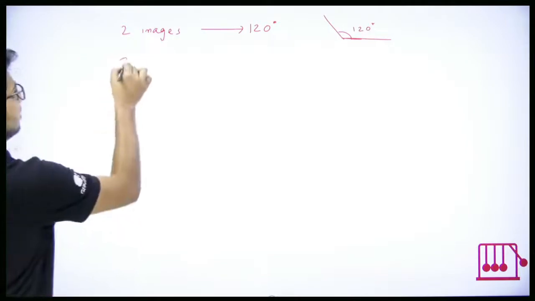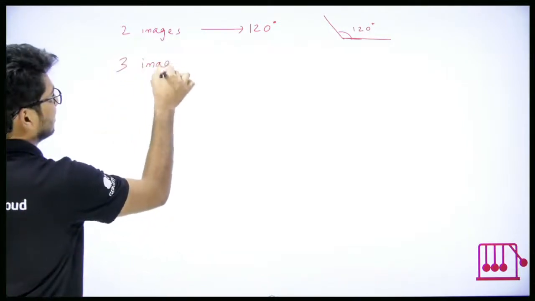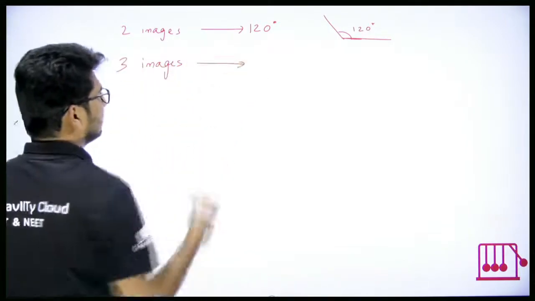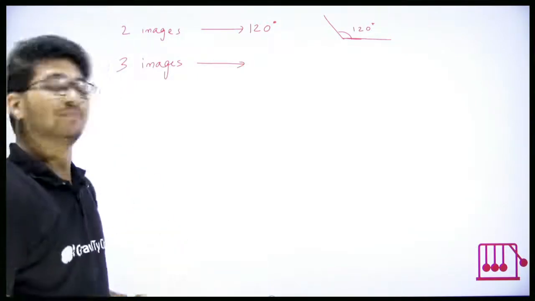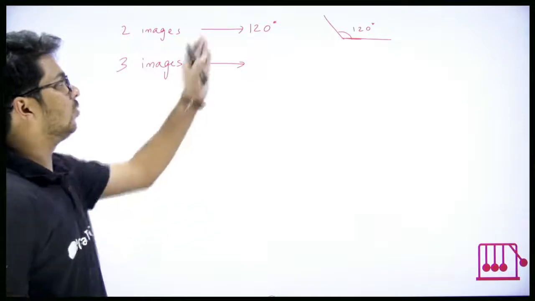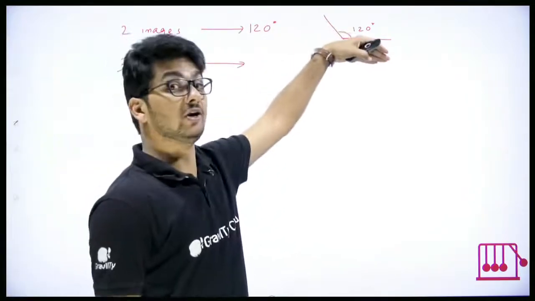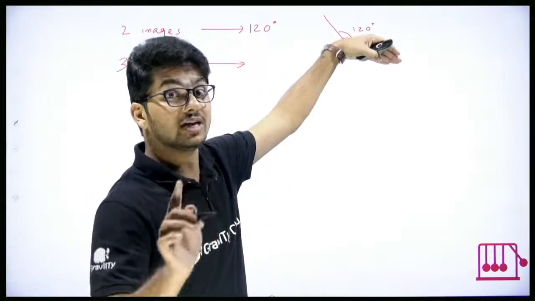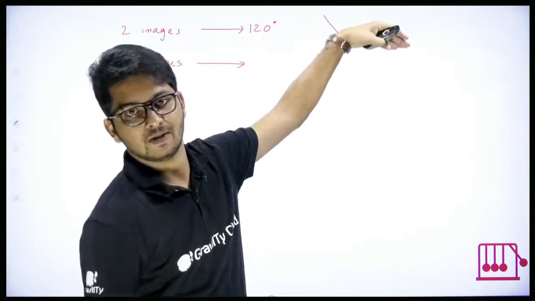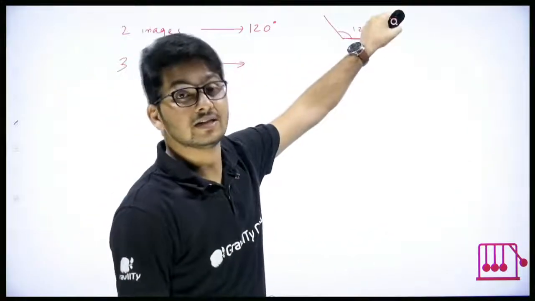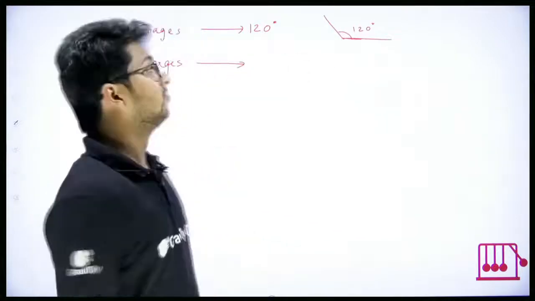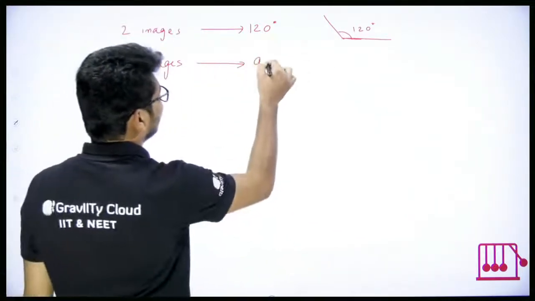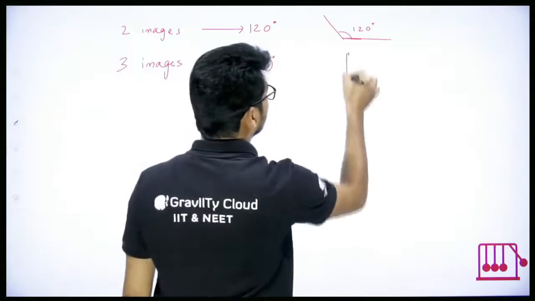How will you remember this? Take the mirrors and play around with it. Keep 2 mirrors at 120 degrees, making the angle using a protractor. Then keep an object in between and see how many images you get. You should get 2 images.